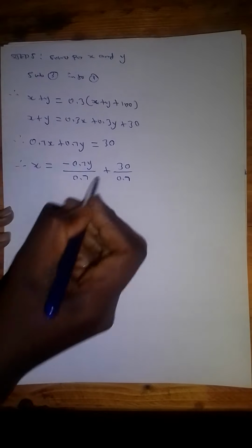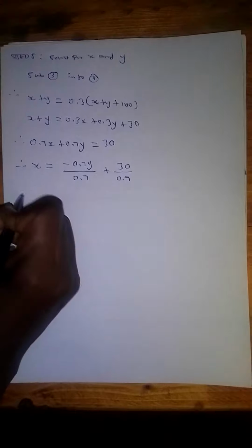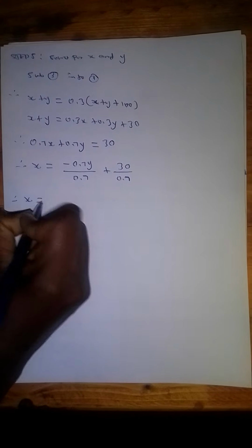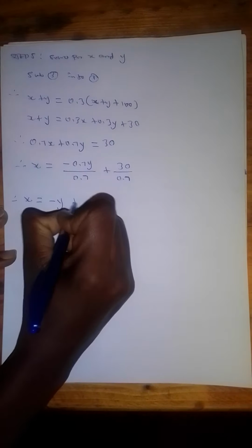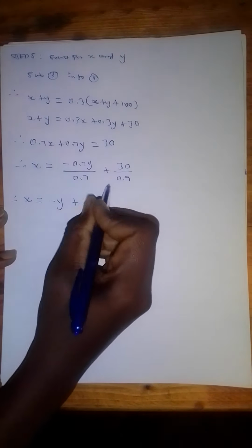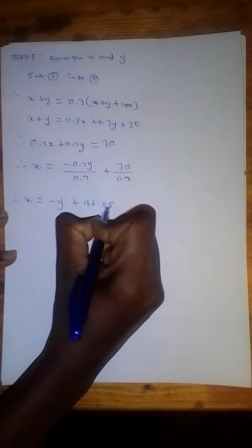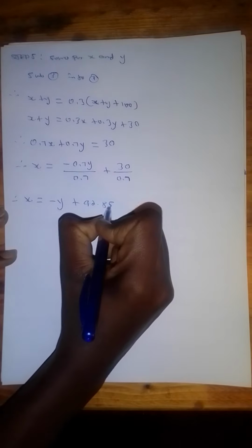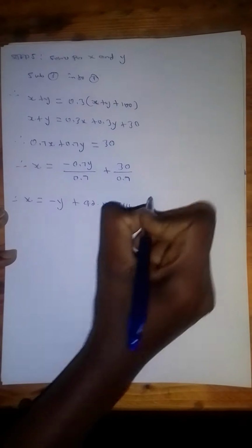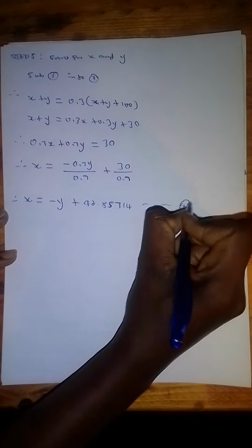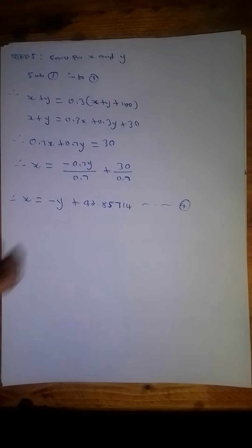If you simplify, you are left with x equals minus y plus 42.85714, and we can name this our fourth equation.